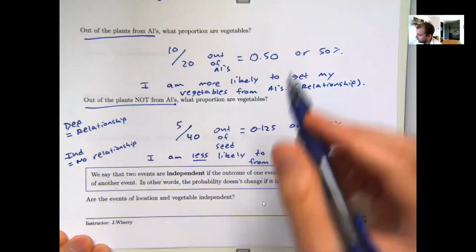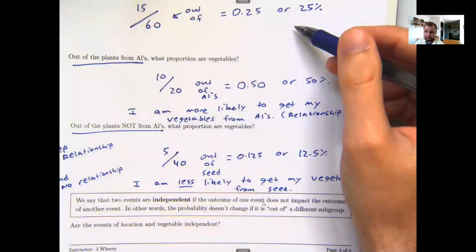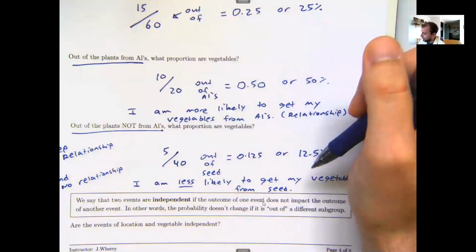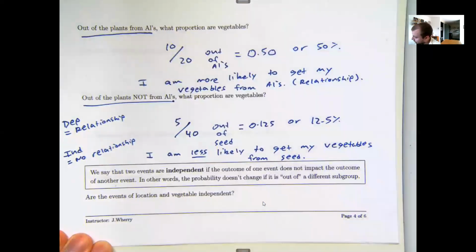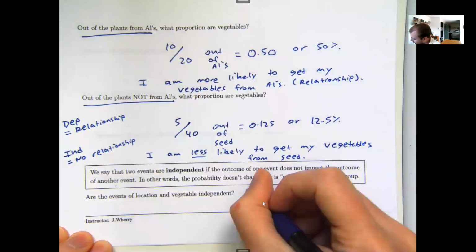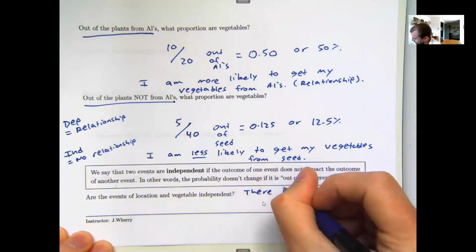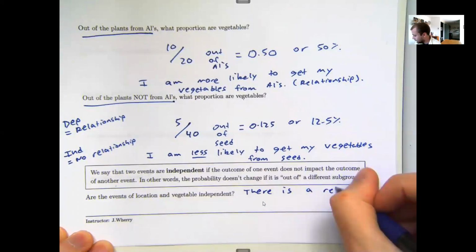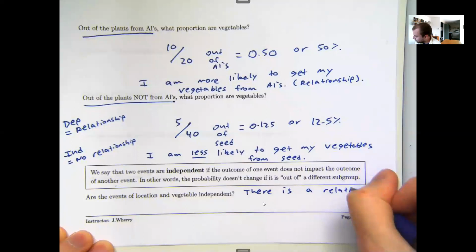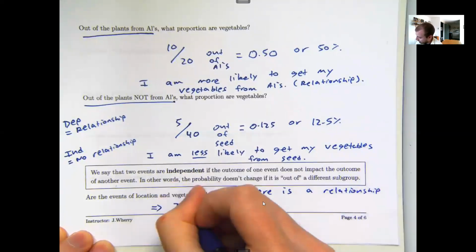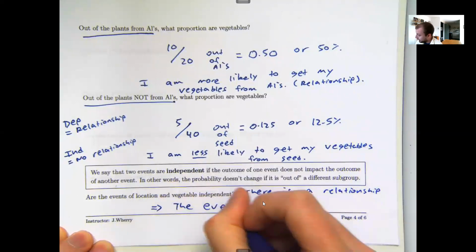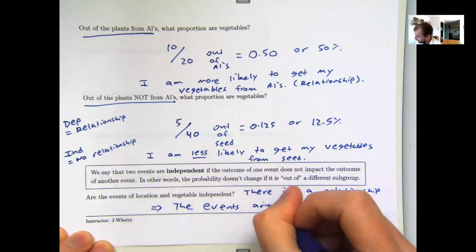Let's look at this. 25, 50, 12.5. My ratios change. My two events, there is a relationship. And because there is a relationship, this tells me the events are dependent.